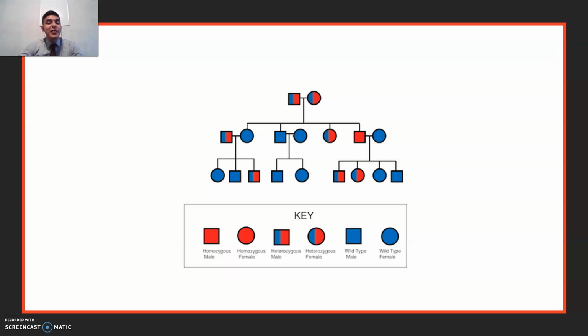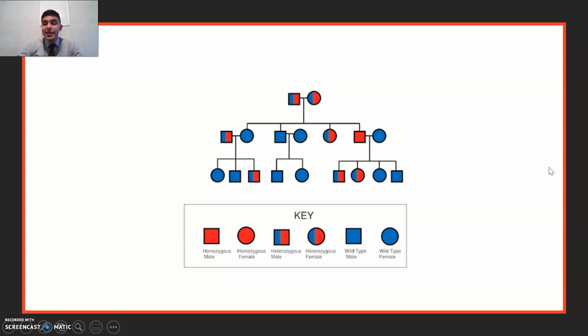That's basically what a pedigree is about. With this, we can analyze if it affects mostly males, or mostly females, or if it affects both genders equally. It can be any of those results.